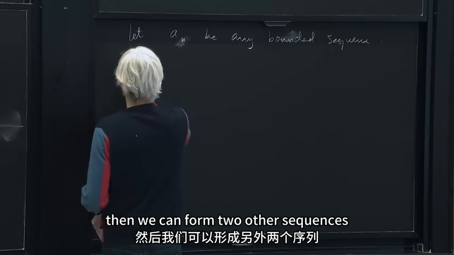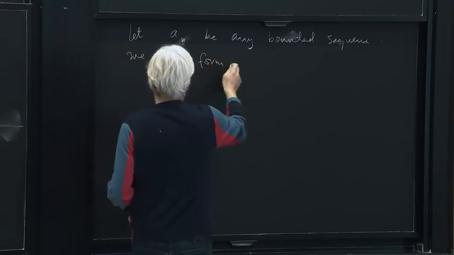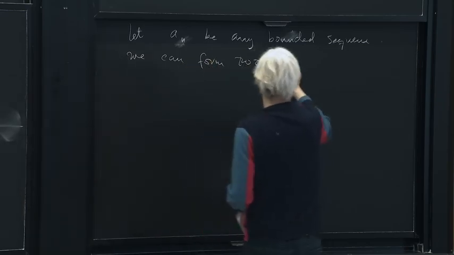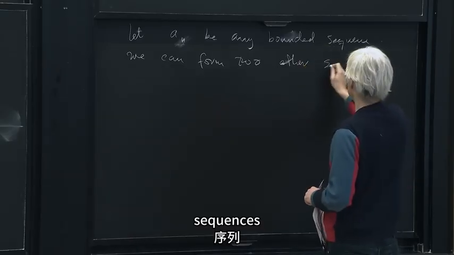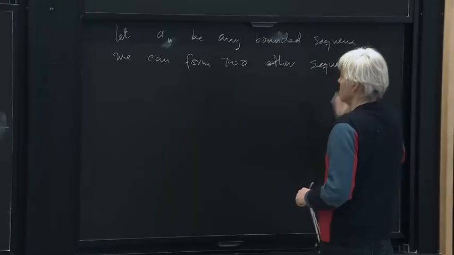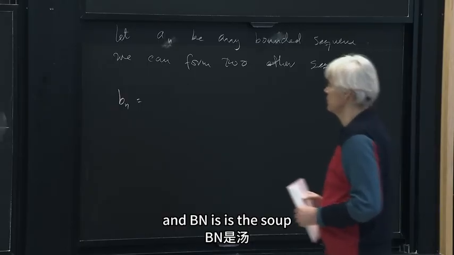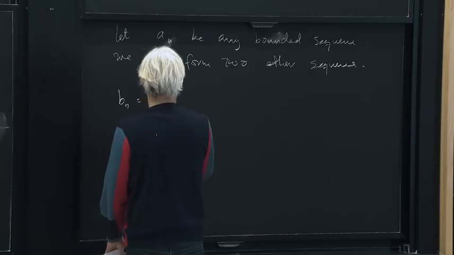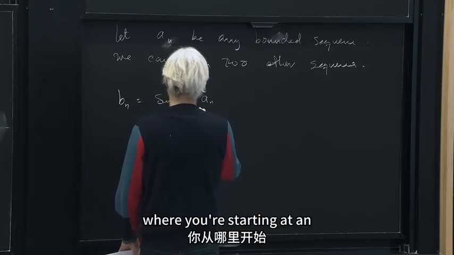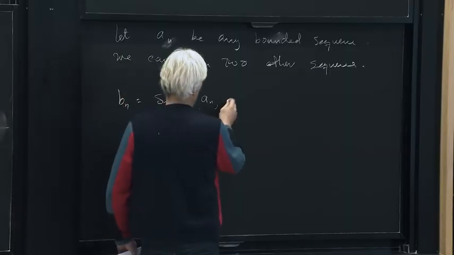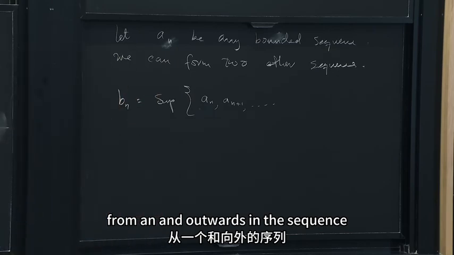If you take any bounded sequence, then we can form two other sequences. Obviously we can form many others, but here are two very natural sequences. The first one I call Bn, and Bn is the sup of the set starting at AN and taking all of the terms from AN upwards in the sequence.